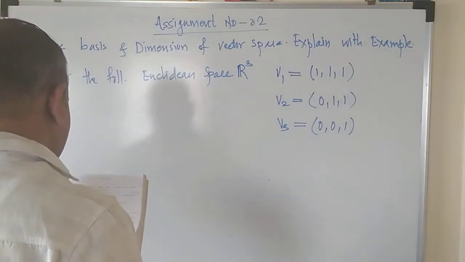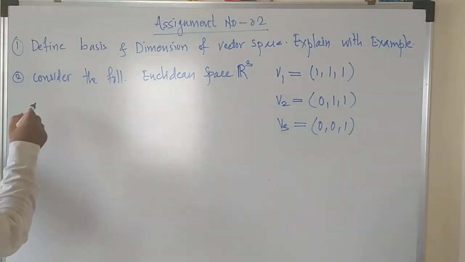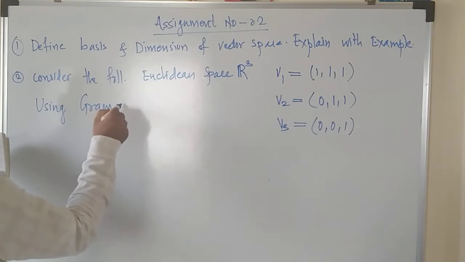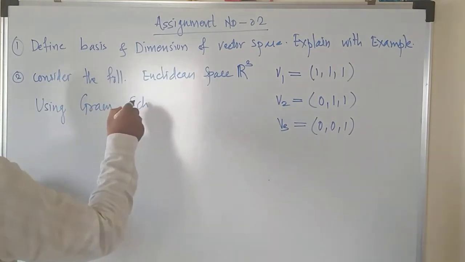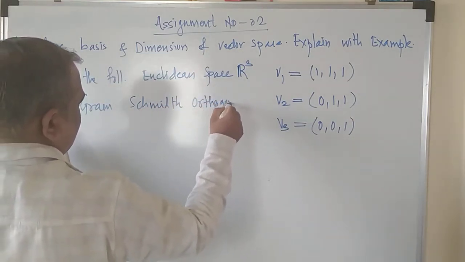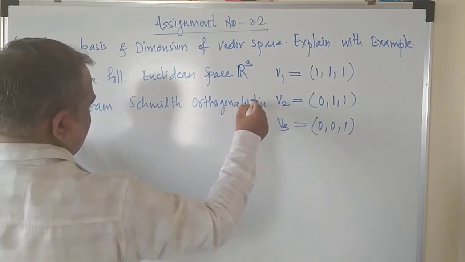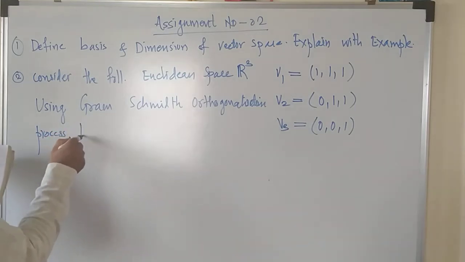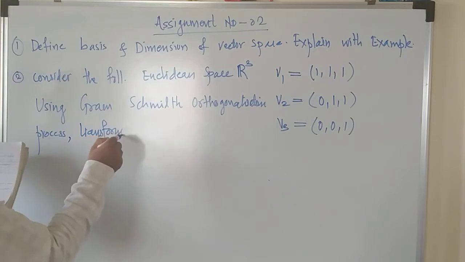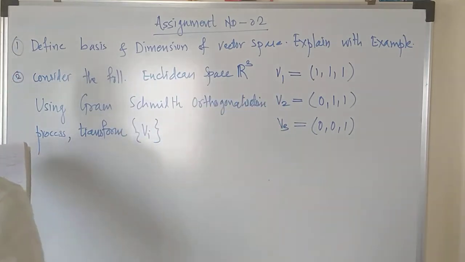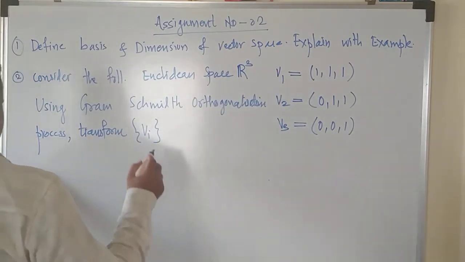These are the three vectors. Using Gram-Schmidt orthogonalization process, you are asked to transform the set of vectors V1, V2, V3 into orthonormal basis.